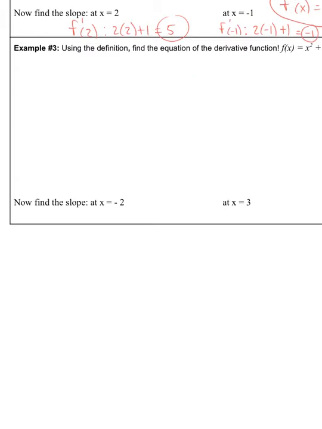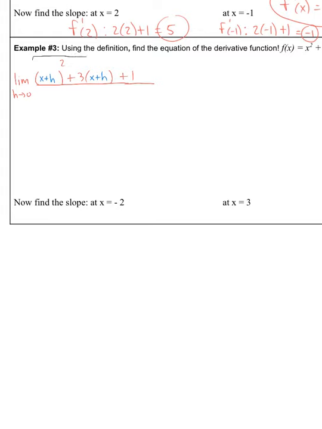Okay, example number 3. One last time. Set up the definition. The limit as h approaches 0. Rewrite the function, x squared plus 3x plus 1. I like to rewrite the function and put in a blank set of parentheses everywhere x is. Now I plug in x plus h, and I have to plug it in twice because there are 2 x's in my original function.